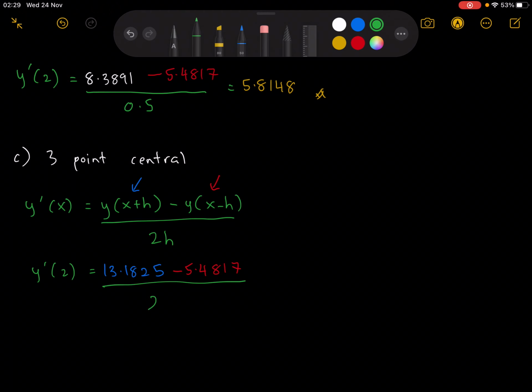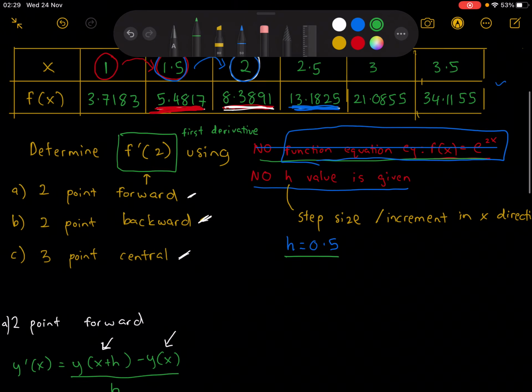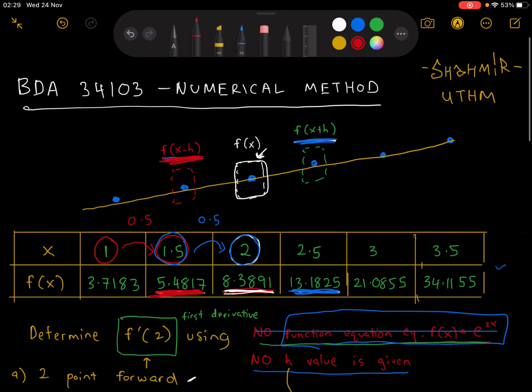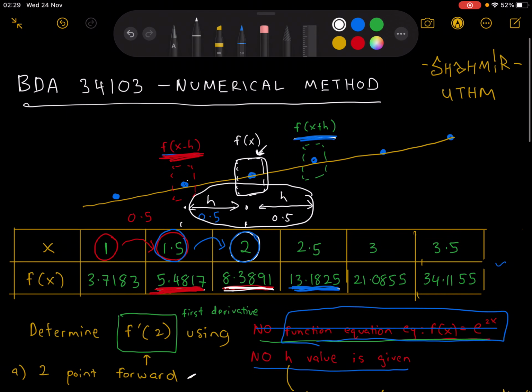Over 2h. Why 2h? We know that from here, the distance from this point to this point is h. From 1.5 to 2, it is 0.5. And the distance from here to here is also h, so this is 0.5. That's why we divide by 2h, because the distance between the points x-h and x+h is 2h.